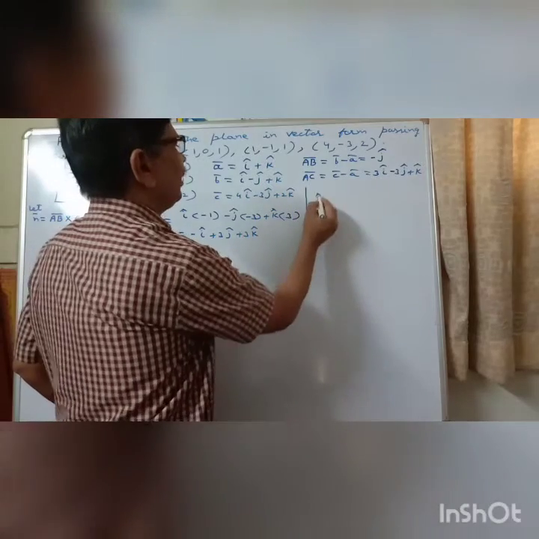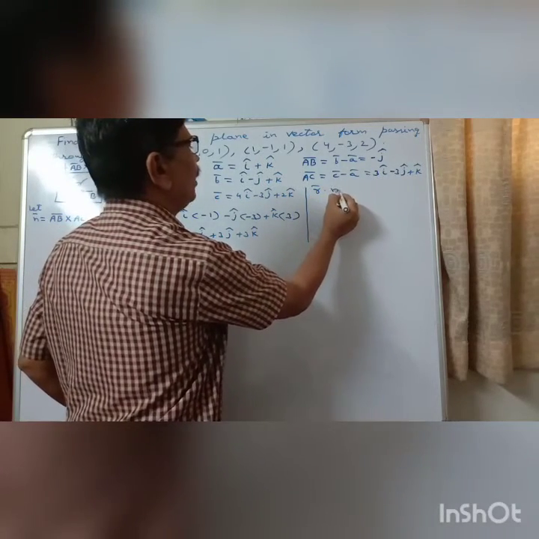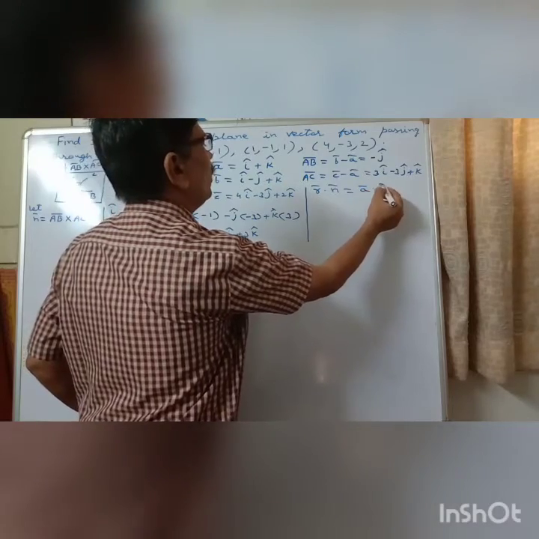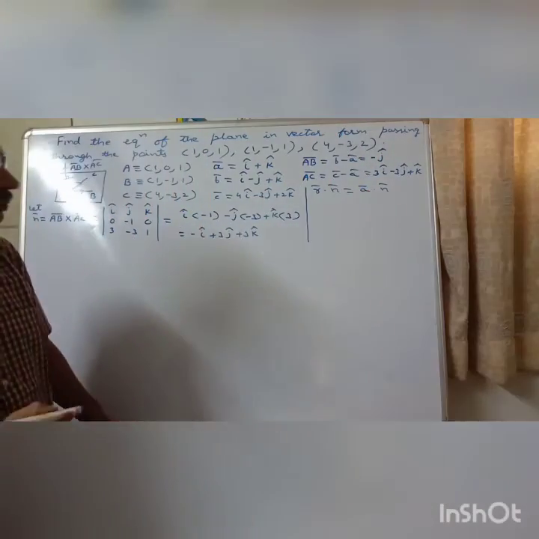Equation of the plane: R bar dot N bar equals A bar dot N bar.